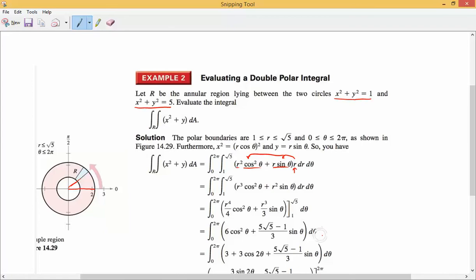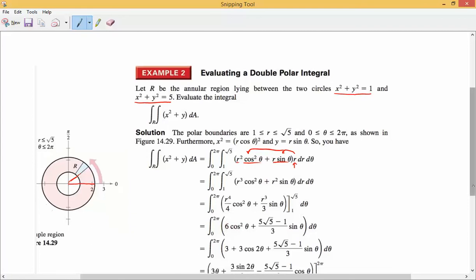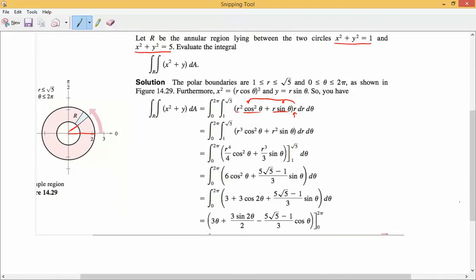Then it looks like once they got this, they said, uh-oh, how do I integrate cosine squared? And so you can't integrate cosine squared unless you have a sine in front of it, or a negative sine in front of it. So what did they do to go from here to here?